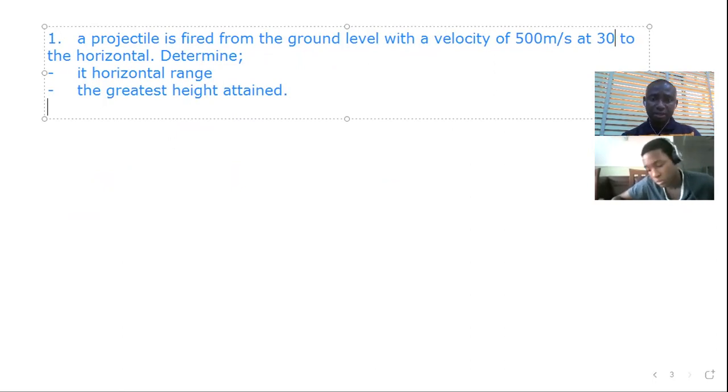A projectile is fired from the ground level with a velocity of 500 meters per second at 30 degrees to the horizontal.